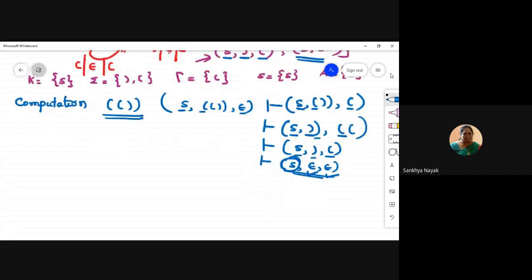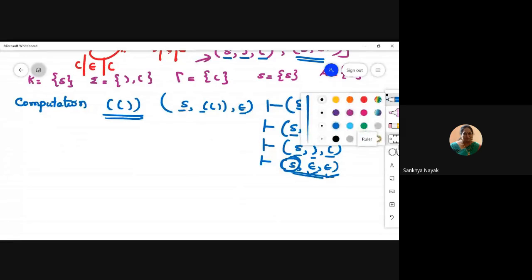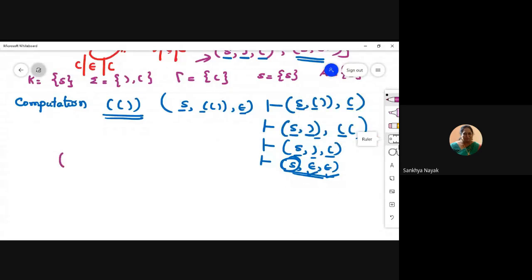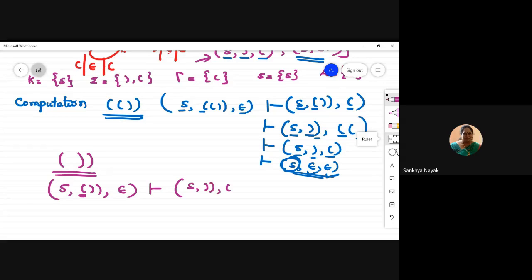Okay. Let us take one more computation and see whether it rejects correctly. Okay. So for example, let us take this. So initially starting state and nothing is there in the stack. So I get an open bracket. So I'm going to push that. Correct? So no issues. Next, S, closed bracket and open bracket. So I'm going to pop it.